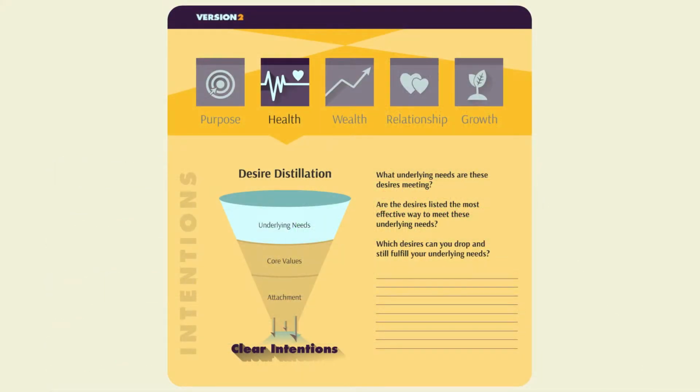The next thing we ask is, are the desires listed the most effective way at meeting that underlying need? And so what you might realize is that you've created this list of desires, but some of them are going to be more effective at meeting those needs than others. And so you can start reducing the amount of desires based on that.